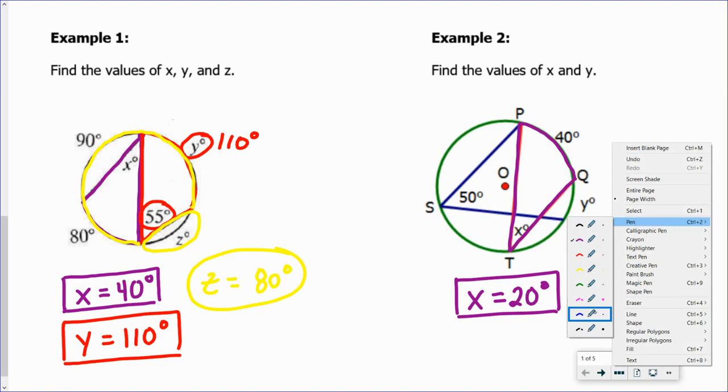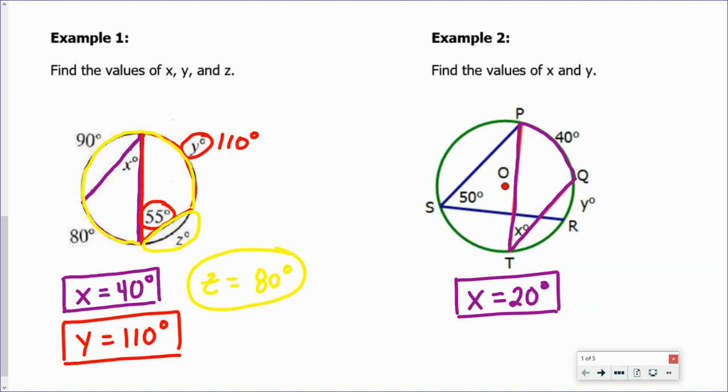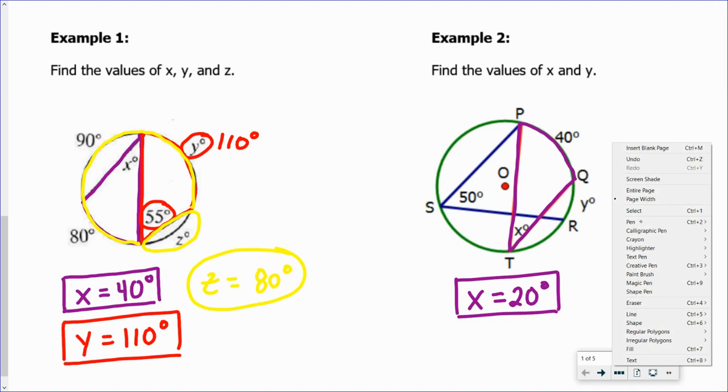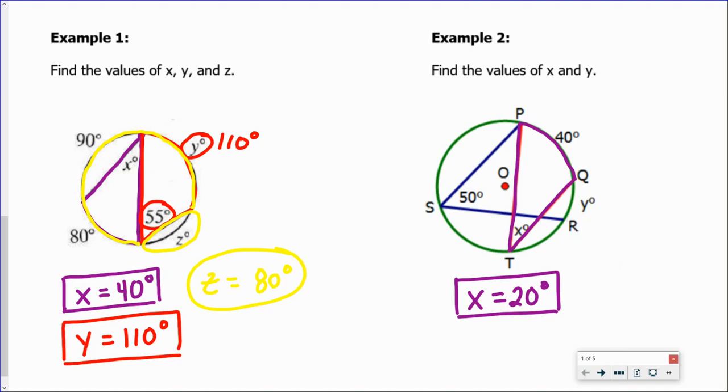To find y, it's going to be a little bit tricky. I'm going to go with yellow here. If we look here, we've got angle PSR, which intercepts this arc right here. That arc has to be double of what 50 is, which is 100 degrees.